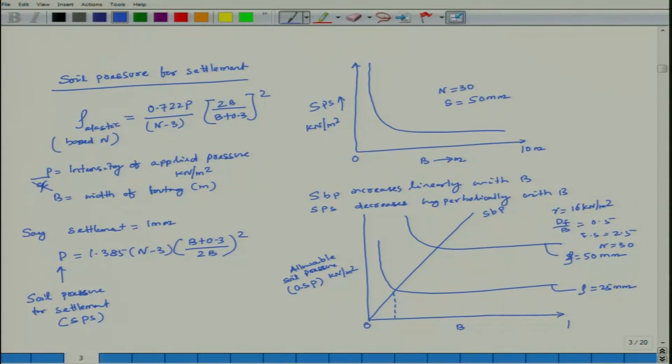So, this is your B, and this is your B prime, and this is 1 say, and this is say suppose 2, then 3, then this is your 10.